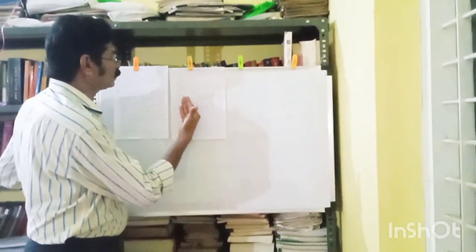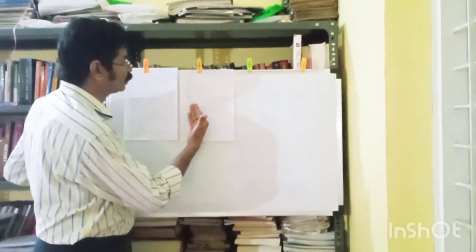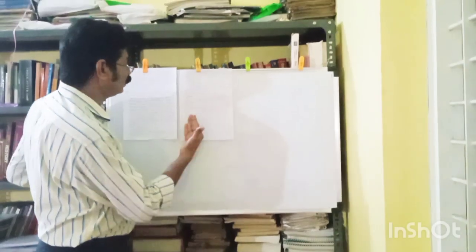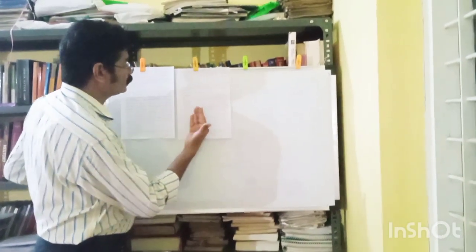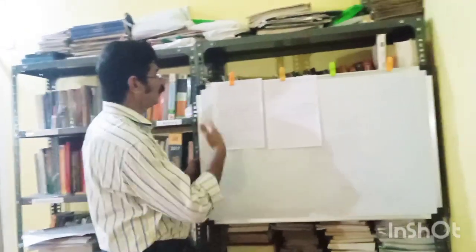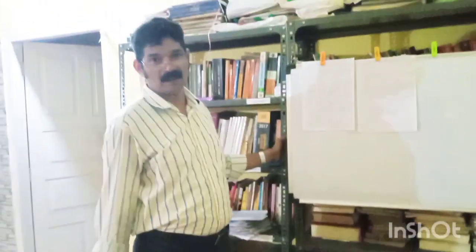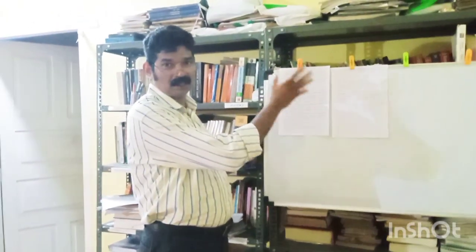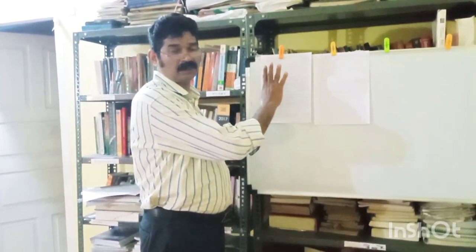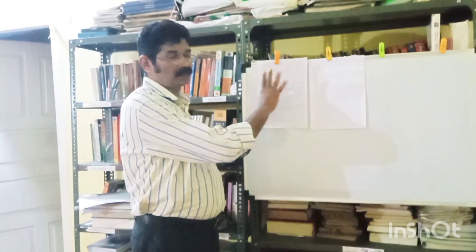Also INFLIBNET database, and N-LIST, National Library and Information Services Infrastructure for Scholarly Content, and JSTOR, meta search engines and other online sources. By using these different tools, we can trace the sources. So this is about heuristics part 1 of the preliminary operation.